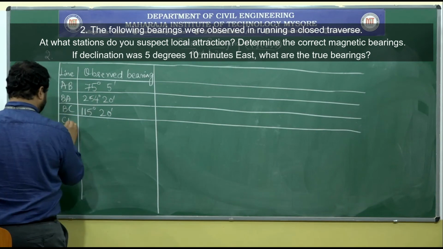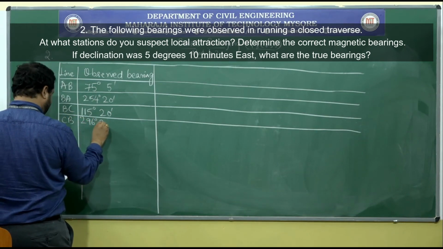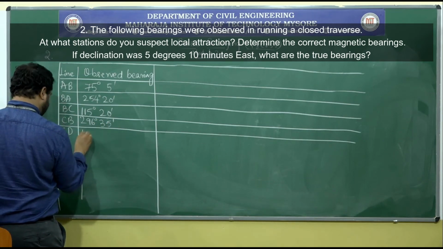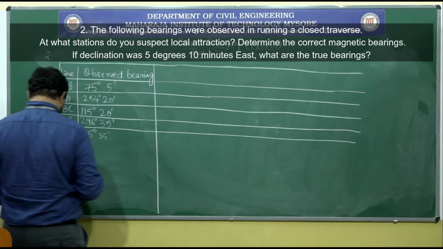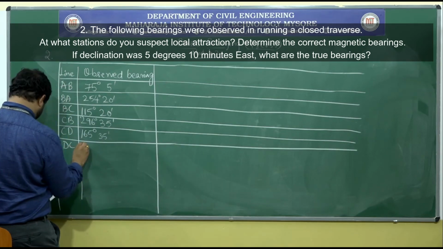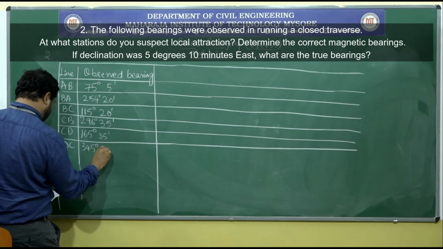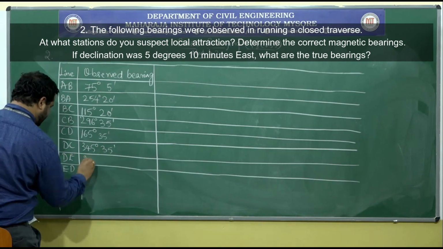Next, line CB, 296 degrees 35 minutes. Next, line CD, 165 degrees 35 minutes. Next, line DC, 345 degrees 35 minutes.